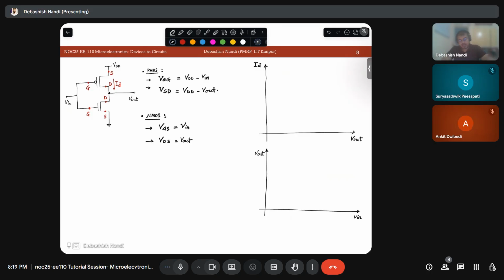Now let's say my VGS is this. Let's say this value is VTHN. Case 1 is VGS, basically V in, less than the threshold voltage of the NMOSFET.